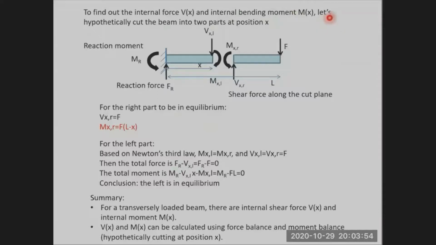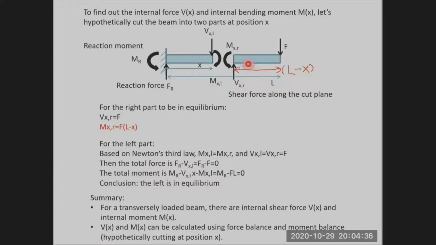For this purpose, let's hypothetically cut the beam into two parts at a position x. So this distance is x, the total length is L, then the length of this part should be L minus x.